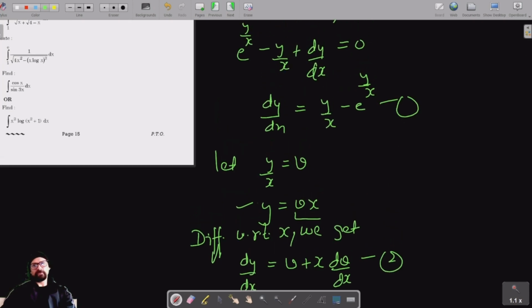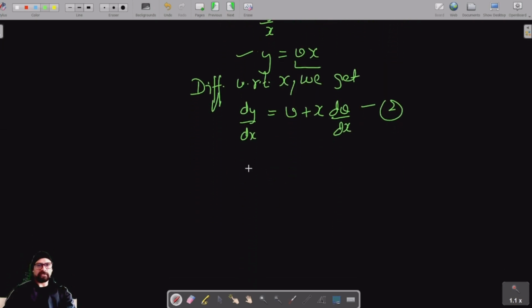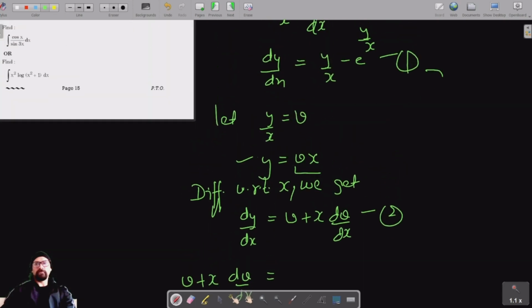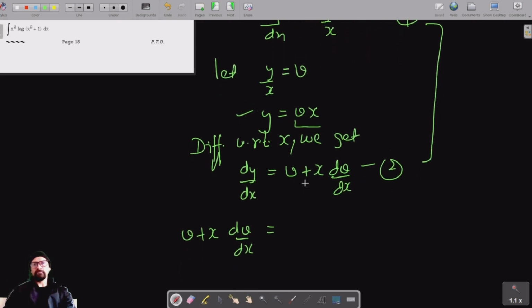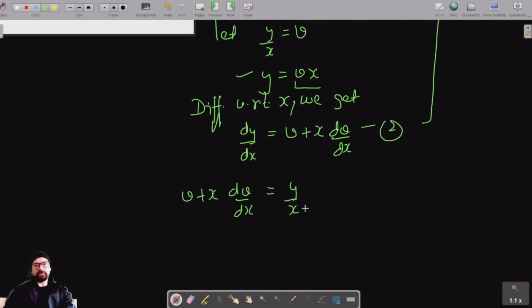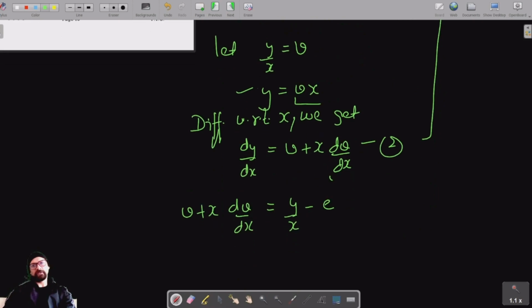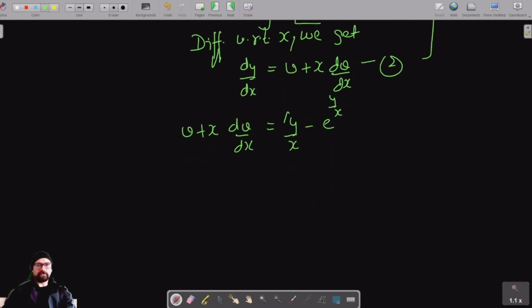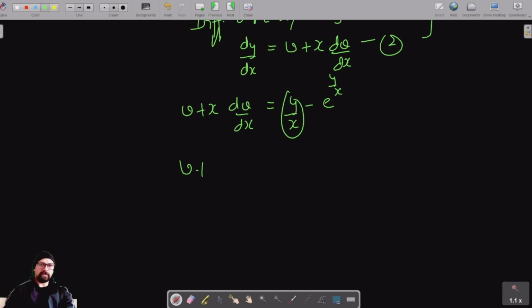This is equation 2, this is equation 1. If we compare 1 and 2, so v plus x into dv by dx is equal to, from 1 and 2, y upon x minus e raised to the power y by x, and let's substitute the value, x into dv by dx.